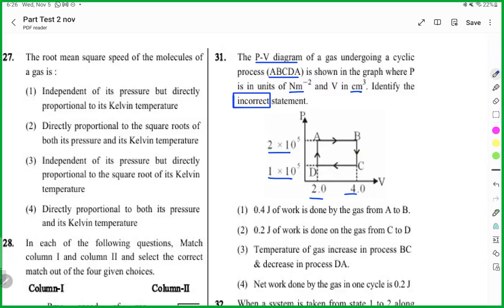Work done is positive. Why? Because work done is by the gas positive. Clockwise is positive. Anti-clockwise is negative. Okay. Clockwise is positive. Anti-clockwise is negative.